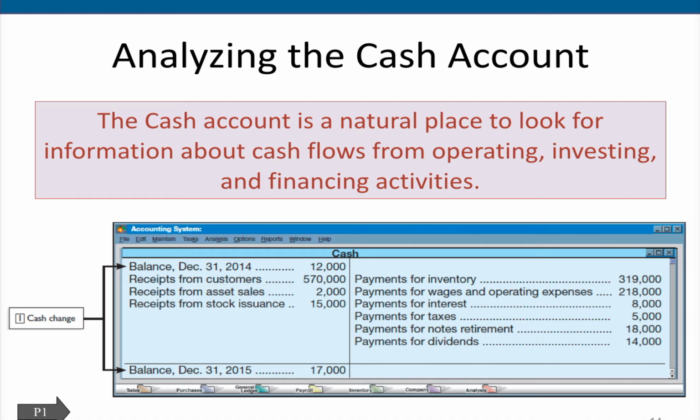So if we just pull up, that's just kind of a generic look at what a computerized accounting information system might look like. Most of them look a little better than that, format-wise. But anyway, that is just a computer printout of the goings-on in the cash account for whatever entity this is.